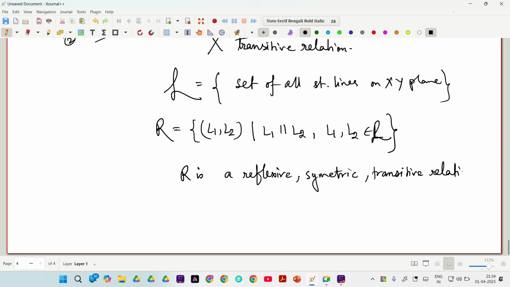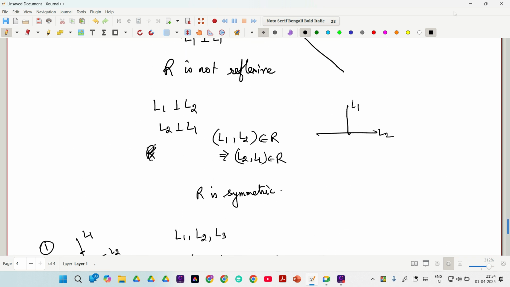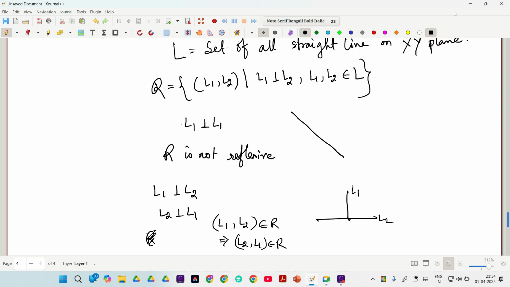Because from the above example, you can easily check that if L1 and L2 are parallel, then L2 is also parallel to L1, and this is reflexive because a straight line is parallel to itself.